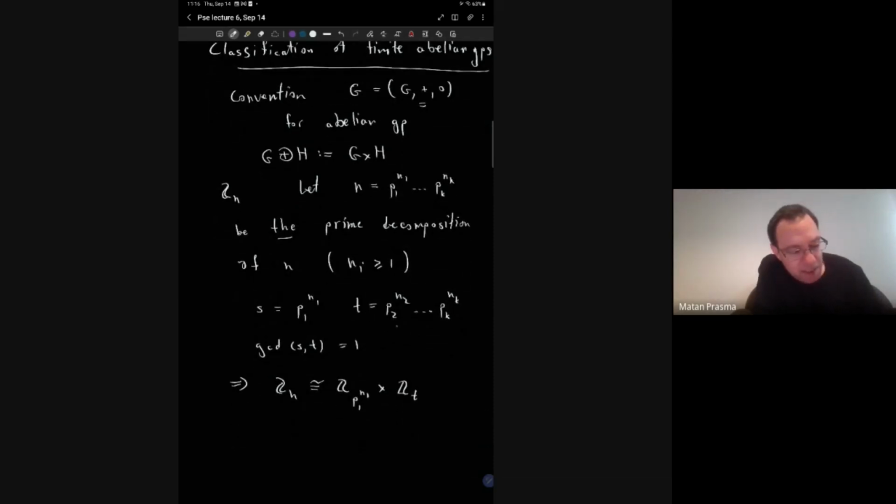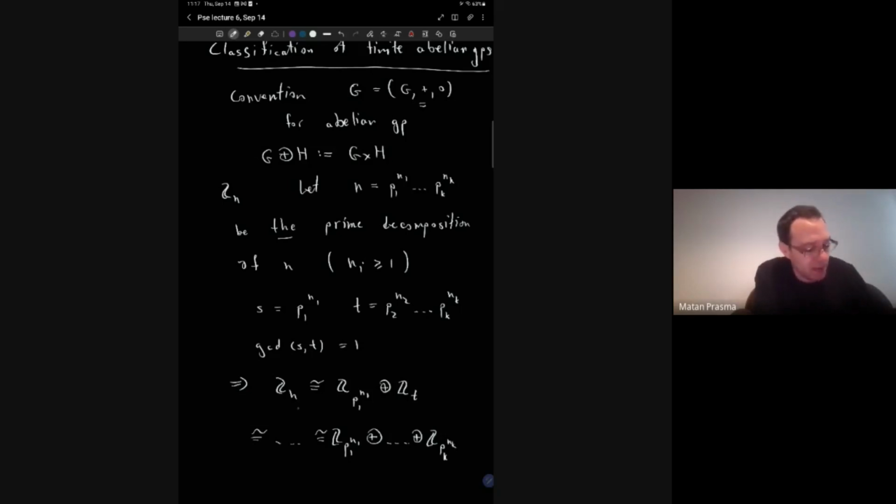And by applying the same argument on t, I get that this is isomorphic to integers modulo p1 to the n1 up to, or in fact, we are now in an additive notation, so I write this ⊕, integers modulo pk to the nk.